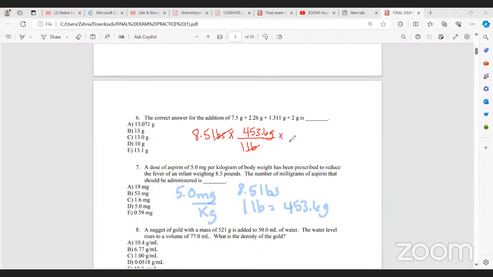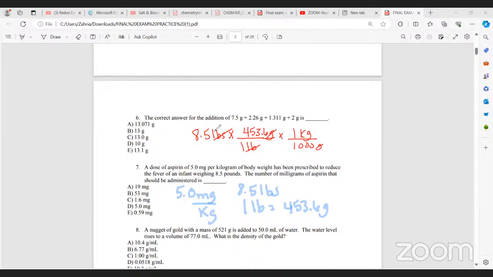So now your kilogram, I know that 1 kilo is equal to 1,000 grams. I'm sorry, guys, it's equal to 1,000 grams, not milligrams, 1,000 grams. Okay. So now you're going to cross out your grams because you don't need that anymore. So now all you have to do is plug this into your calculator.